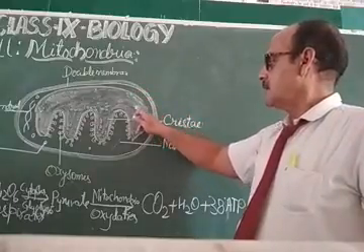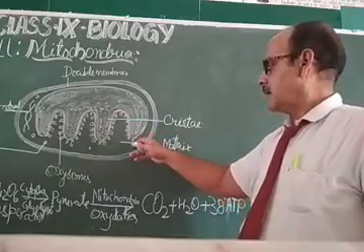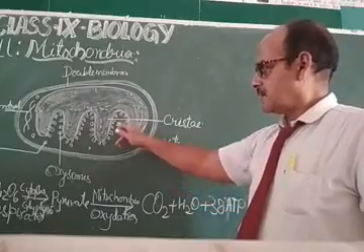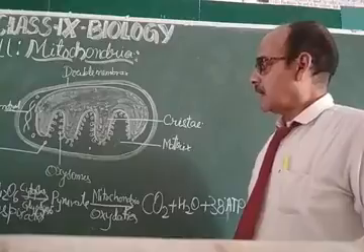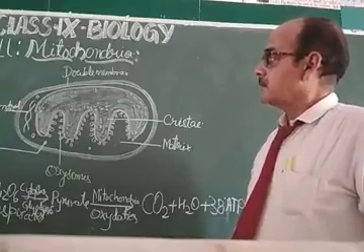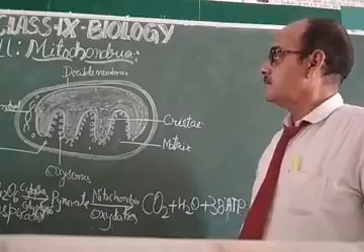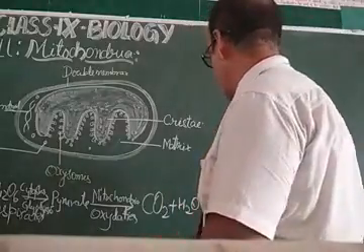This is the cristae, a fold-like structure, and the remaining part is called the matrix. On the cristae there is the presence of oxysome particles, and the process of aerobic respiration takes place in the mitochondria. How does it take place? That you have to know in detail.